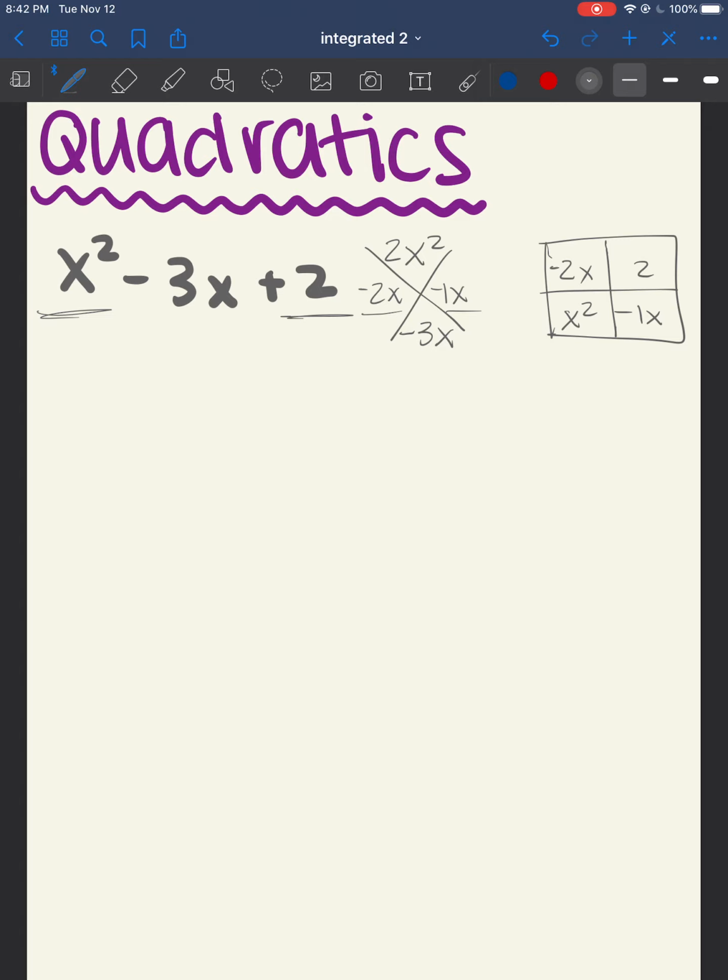To get the bottom left box, you would do x times x, and then this one would be negative 2, because negative 2 times x gives you negative 2x, and then it's a similar thing over here with negative 1. So your two factors for this would end up being x minus 2 times x minus 1.